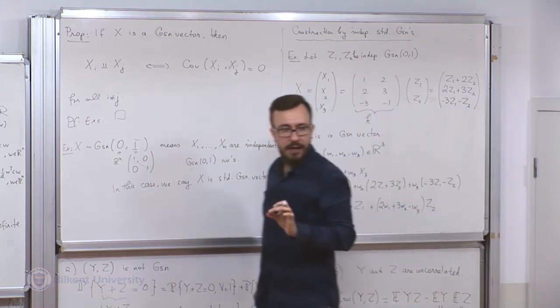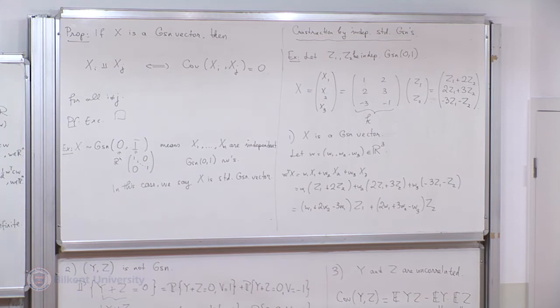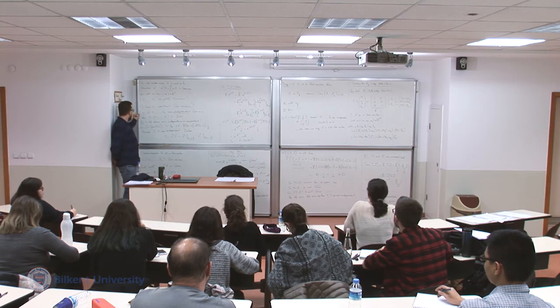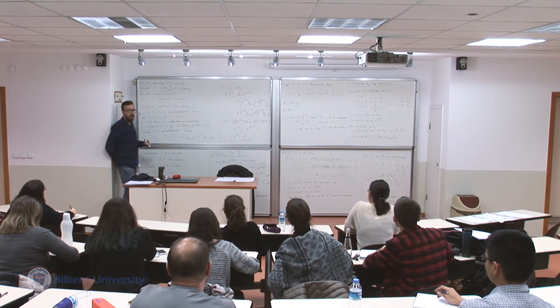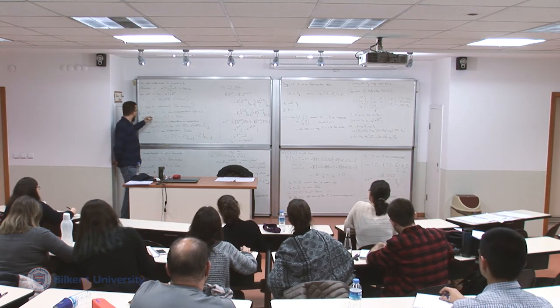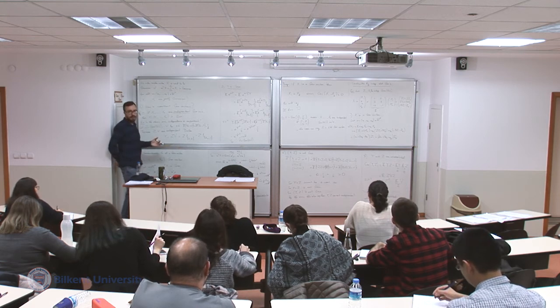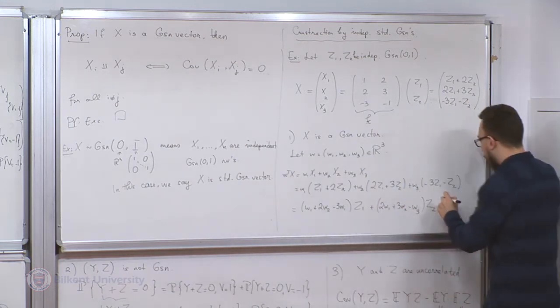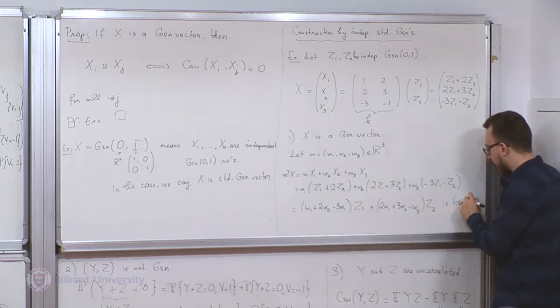Z1 and Z2 are independent Gaussians. So how can we say that their linear combination is Gaussian? Still Gaussian thanks to this exercise, right? If they're independent, then they form a Gaussian vector, and that means every linear combination is Gaussian. So this is Gaussian by exercise.